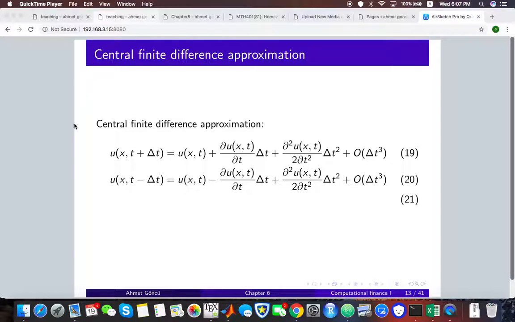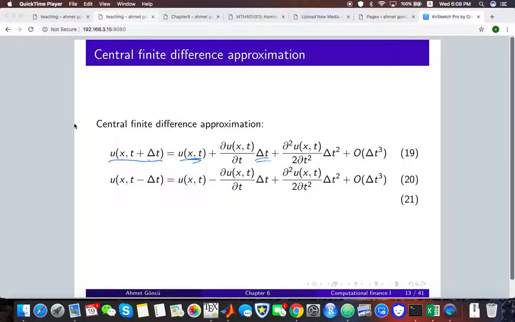There is also another case, which is the central finite difference approximation. What if we try to combine these forward and backward time steps together? Which is of course possible. You can consider the first order Taylor expansion for u(x, t plus delta t), a forward time step, again evaluating the right hand side at the point x,t.